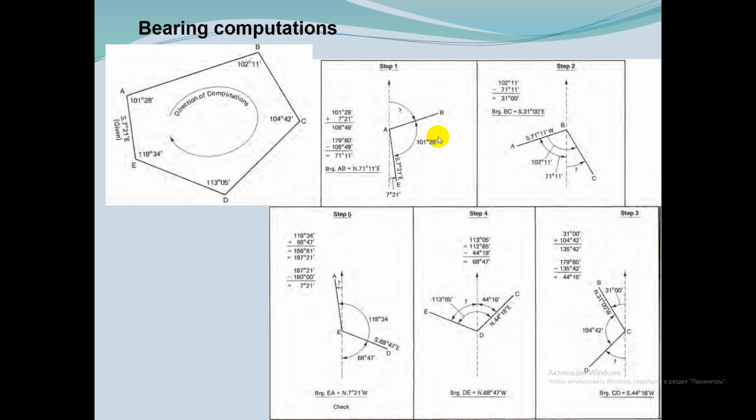To compute the bearing of the next side BC, the lines BA and BC are drawn together with the meridian through point B. Once again, the known data are placed on the sketch and a question mark is placed in the position of the required bearing angle for side BC. In step 1, the bearing of AB was computed.